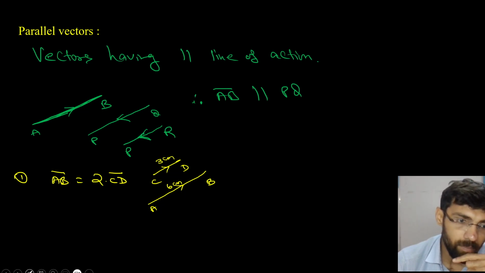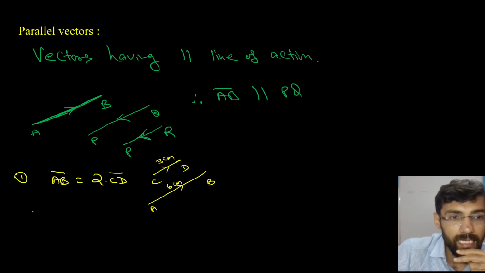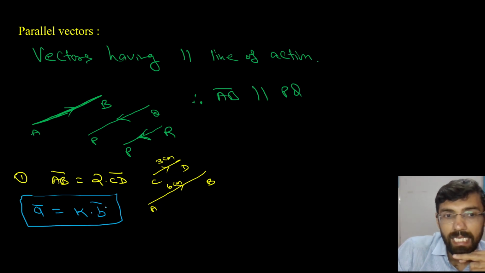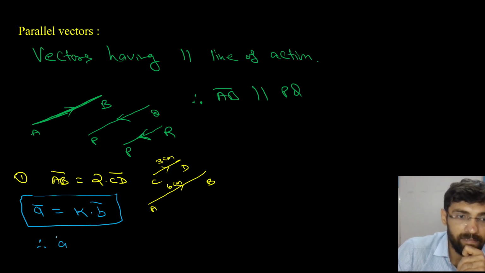So the note point that we will notice: let us say there is some A vector and that is equal to K times B vector. Whenever I have a relation like this, one vector is equal to K times some other vector, where K is any constant, we just saw these two vectors are parallel. Therefore, A vector is parallel to B vector.